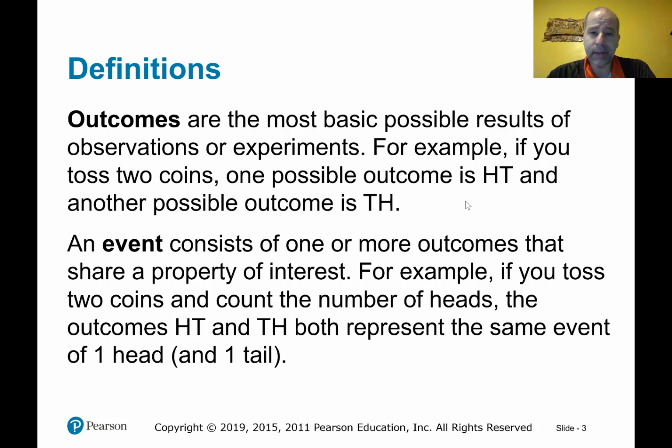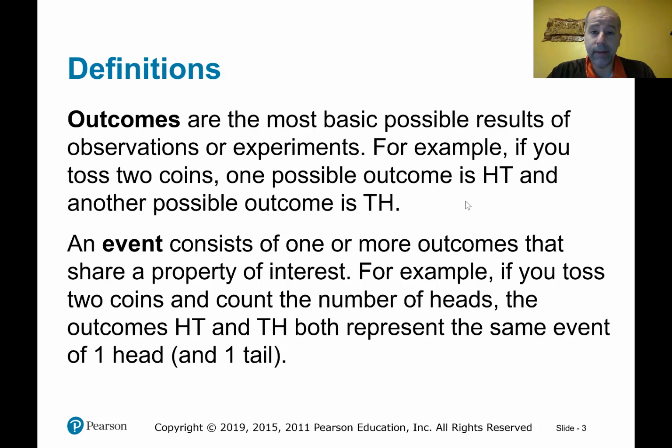Or we can get a tails on the first flip and a head on the second flip, and that will give us the event that we're looking for. So if either one of those outcomes occurs, the event of getting exactly 1 head on the flip of 2 coins happens, right? So that's important to understand when we discuss defining an event.